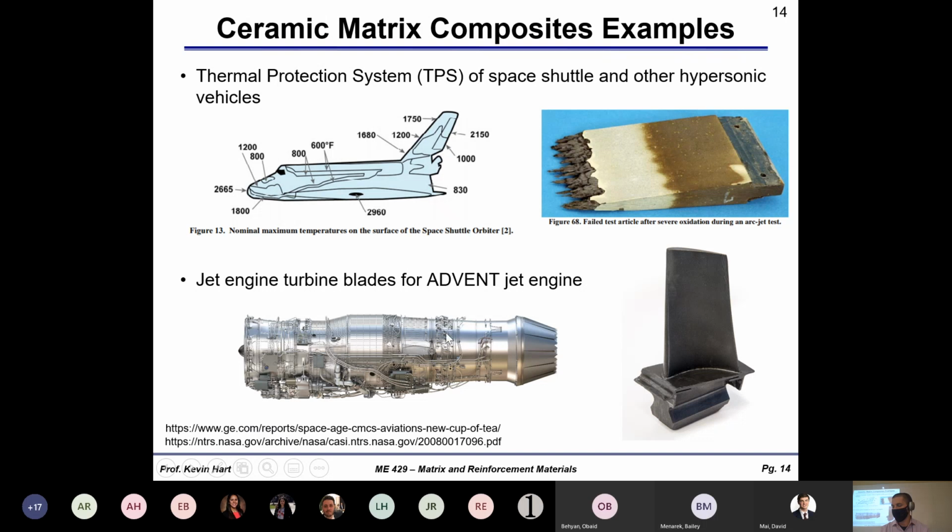All right. Here's some images of ceramic matrix composites and where they might be useful. The first obviously is a space shuttle. Space shuttle obviously is retired now, but when it was in production, they had a lot of ceramic matrix composites on the heat shielding surfaces for re-entry. And this is a recovered heat shield piece that was taken after a thermal test.